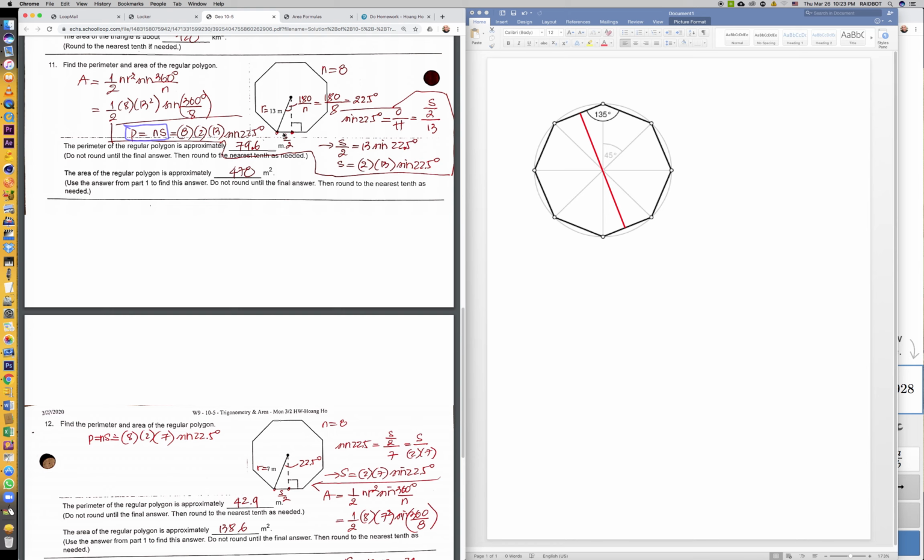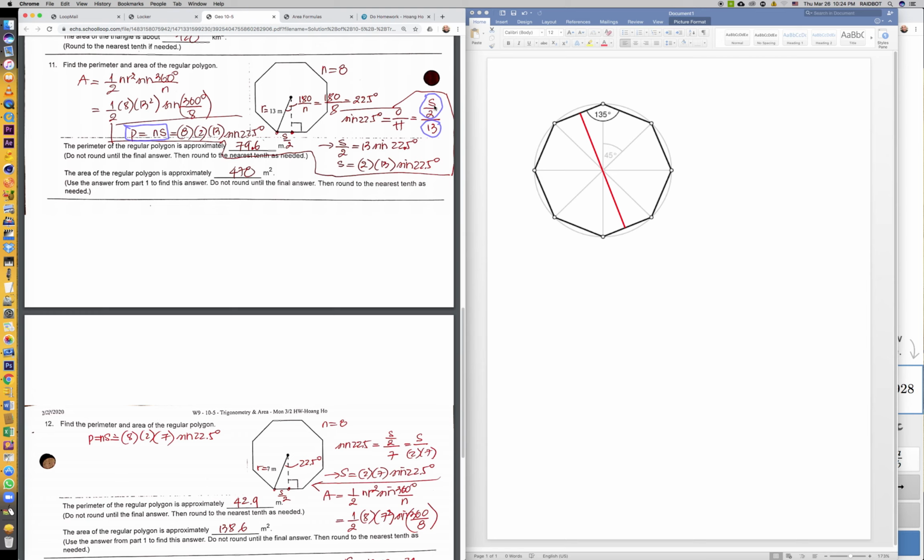So that's the opposite over hypotenuse. Hypotenuse happens to be the radius. So I put over here s over 2. So that's opposite. And then hypotenuse happens to be 13.